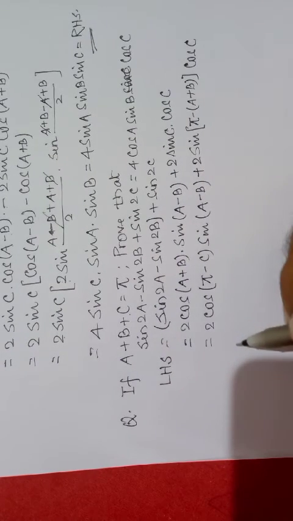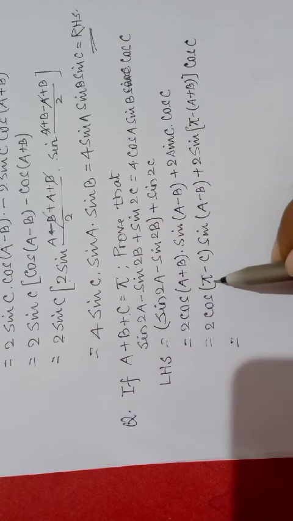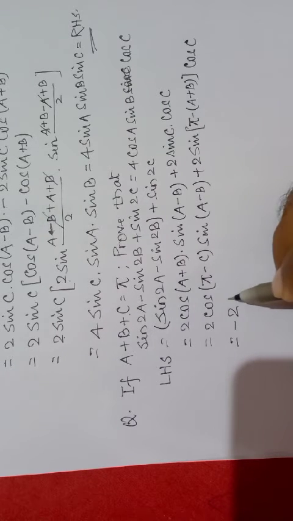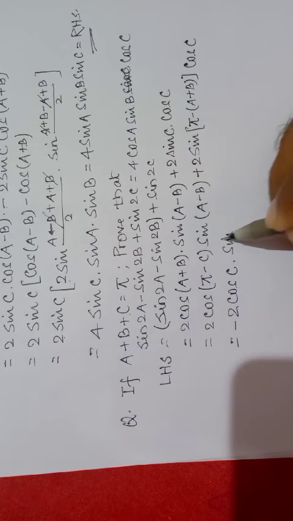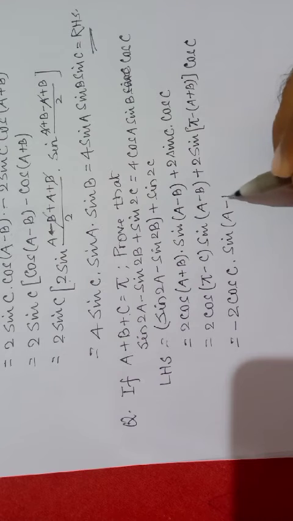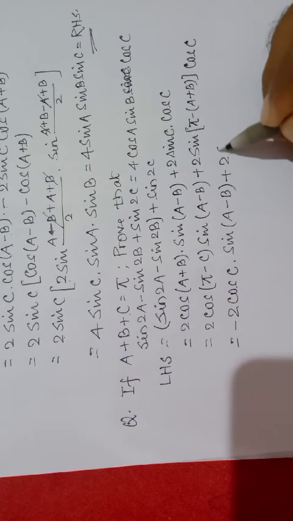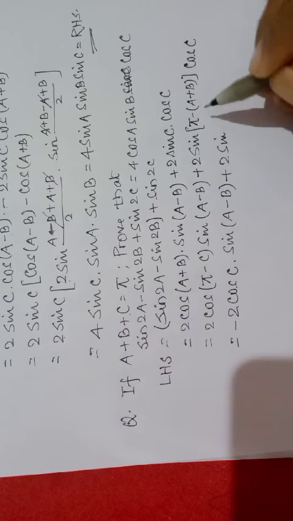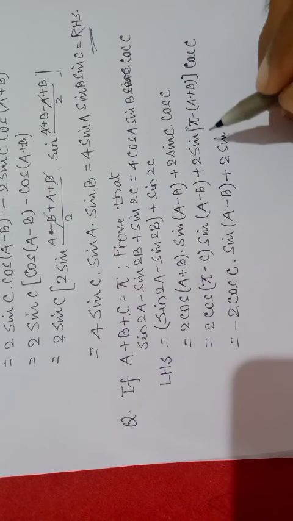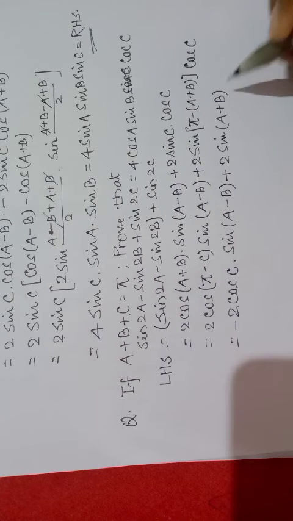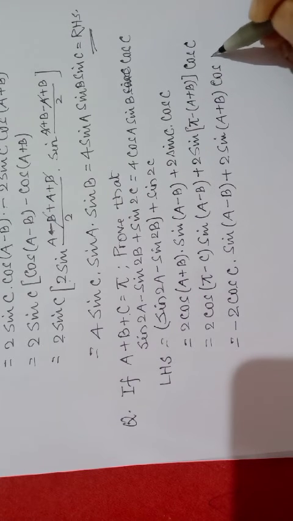Now cos pi minus theta, you know, is minus cos theta. It means it should be minus 2 cos C into sine A minus B, plus 2 sine pi minus theta is sine theta, so it is sine A plus B into cos C.